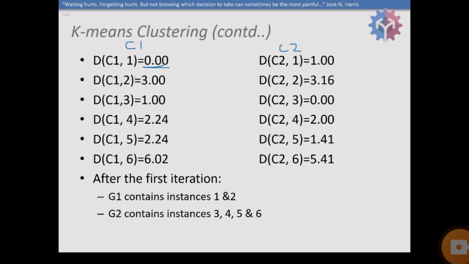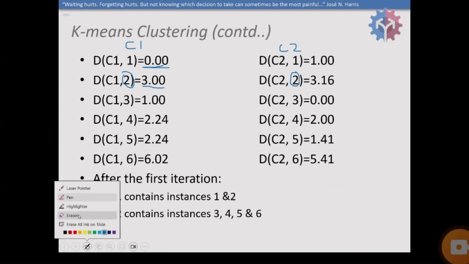What about the next one? Does point 2 belong to C1 or C2? C2. Why C2? No, look at the distance. Look, point 2, its distance here is 3.16, and here the distance is 3.